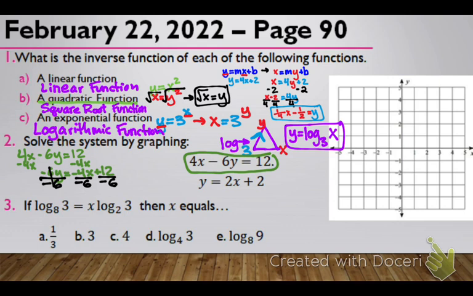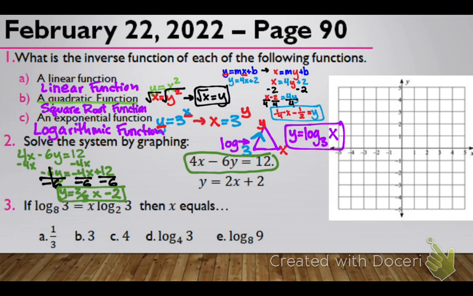And when I simplify that, I have y equals -4 divided by -6. We'll simplify as 2/3 x. And +12 divided by -6 gives me -2. So I got y by itself.